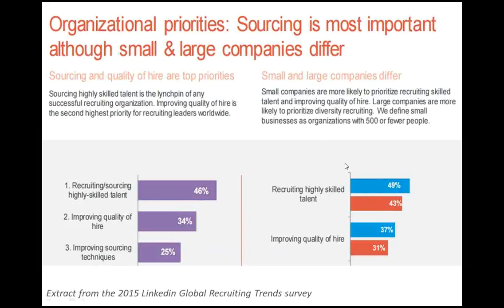And I found another page on the same survey where we can see here specifically the organisational priorities of organisations, and the blue bar here represents small organisations, whereas 43 represents larger organisations.